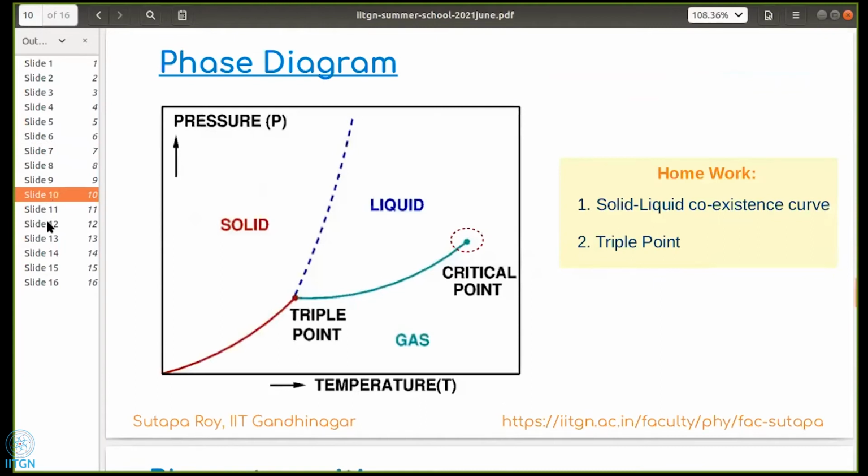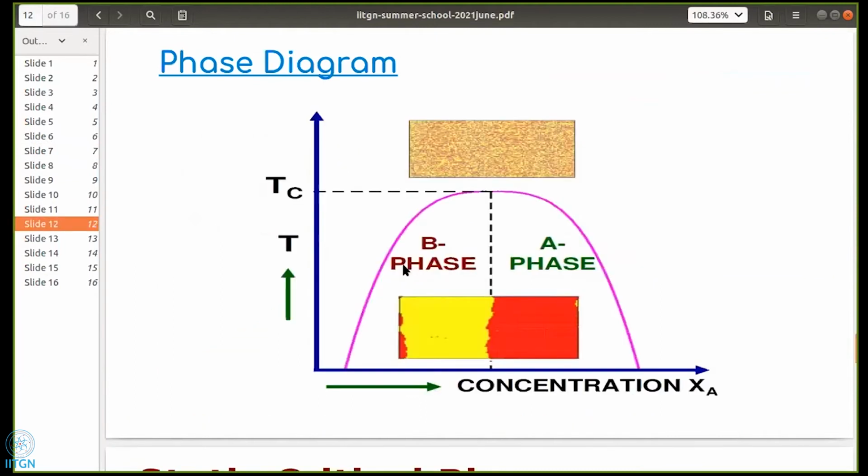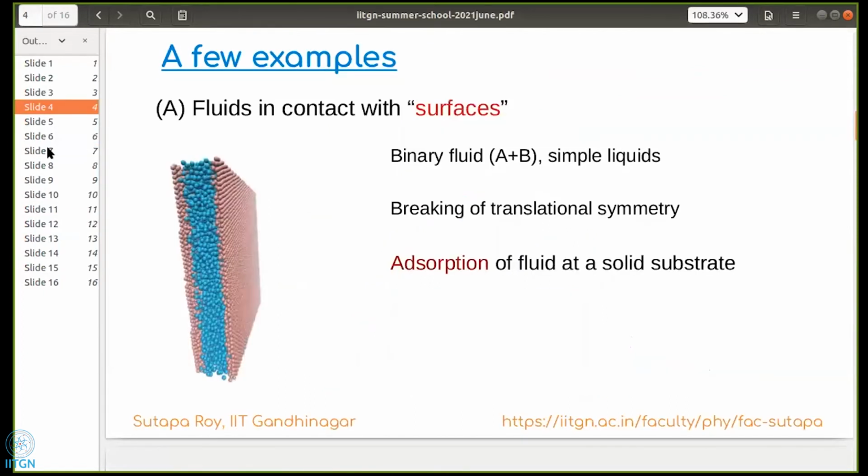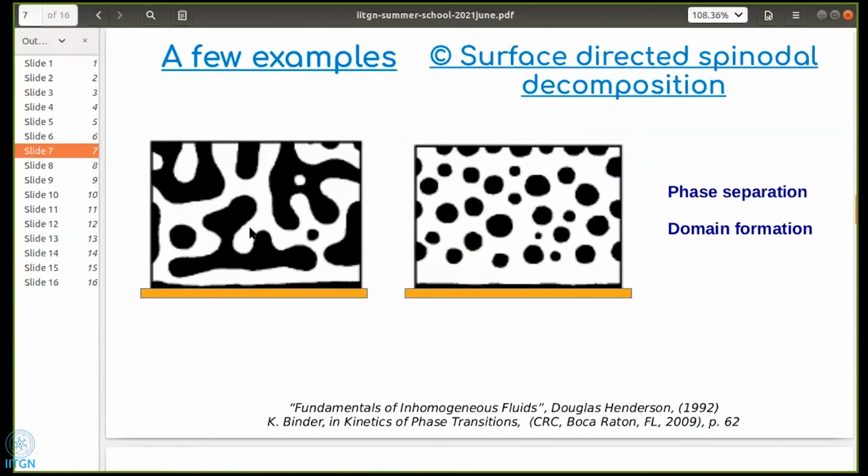To understand that, let's go back to the phase diagram once again. If your system is exactly at the critical concentration, which I mark by this point here, which corresponds to the critical temperature, then you are going to have a percolating kind of structure, the first kind of situation, where the domains are very much connected to each other.